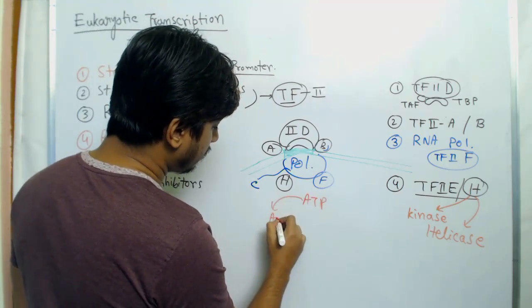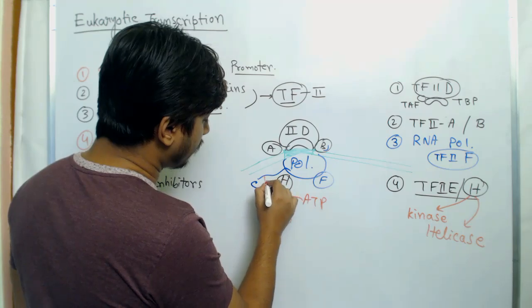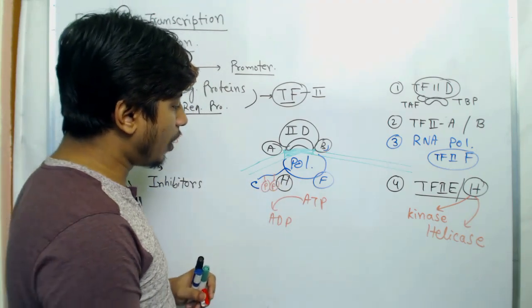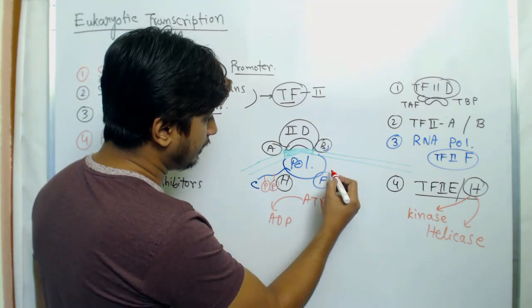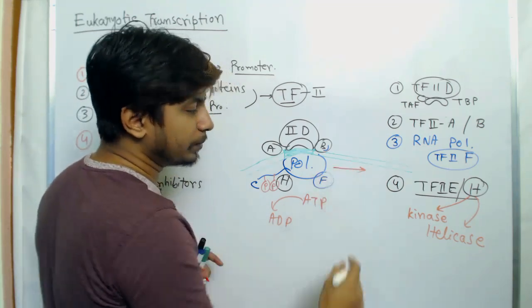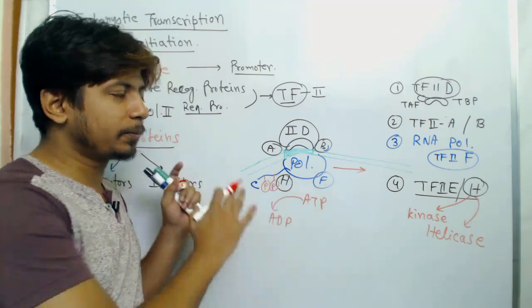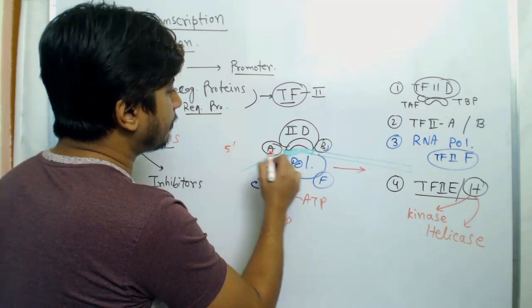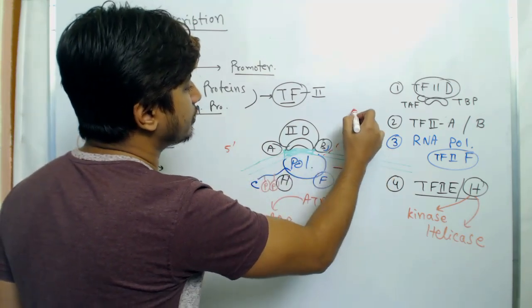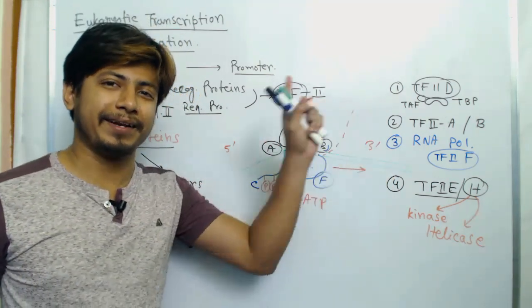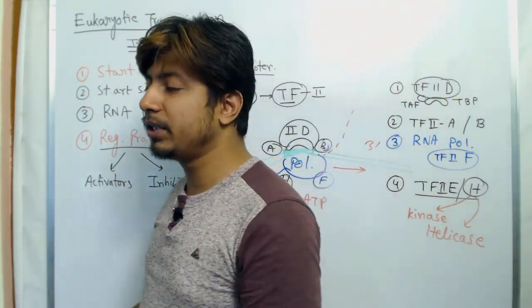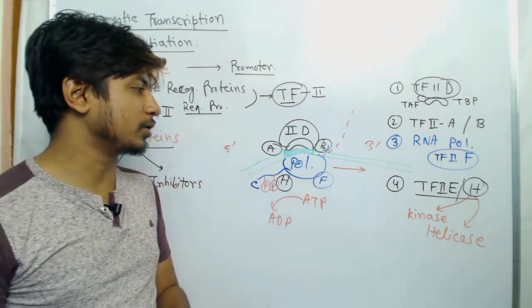It attaches a phosphate group to the C terminal tail, and that will cause the release of polymerase from the promoter, called the promoter escape. It will migrate from 5' to 3' of the newly synthesizing strand of mRNA. This is the overview of how the transcription initiation takes place in eukaryotes.